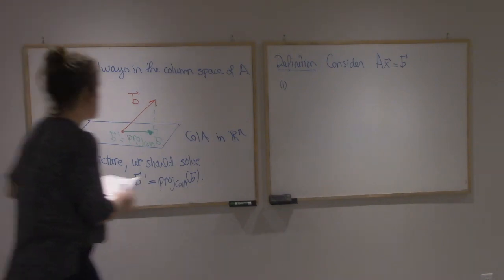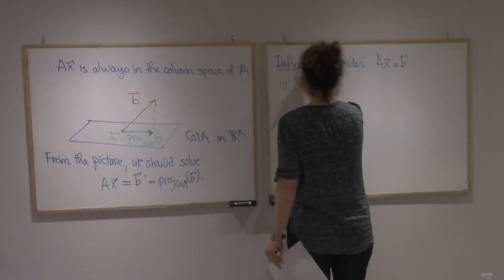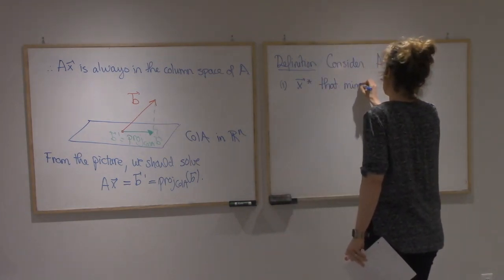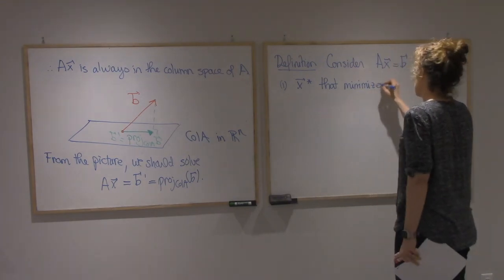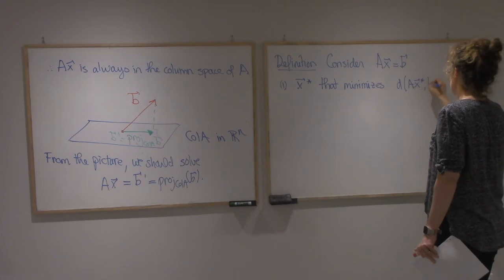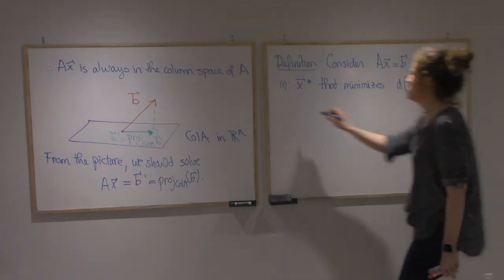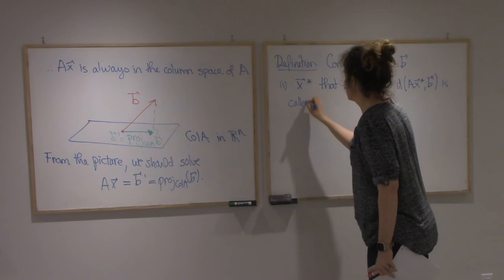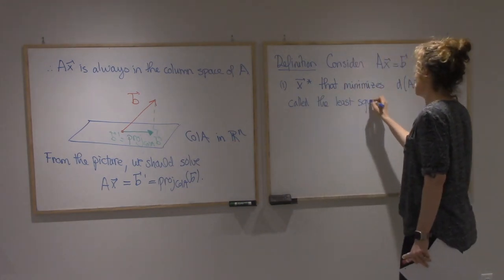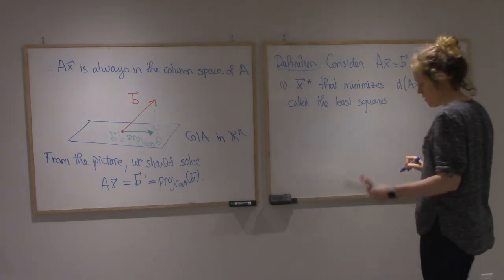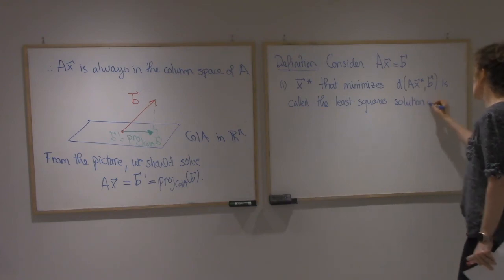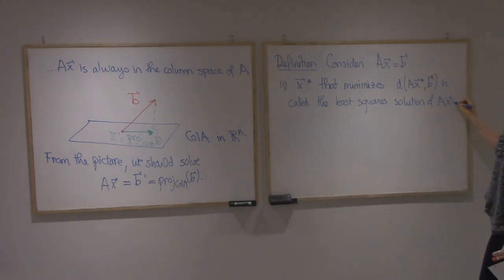So x star that minimizes the distance between Ax star and b is called the least squares solution of Ax equals b.